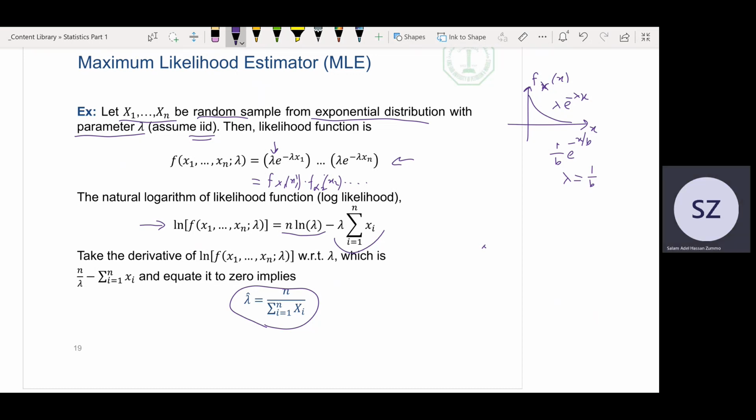What did we say lambda was equal to? 1 over b, right? What was b? B was the average, the expected value of x. So, notice here that lambda is n over the summation, which is 1 over b, which means that b hat is the summation over n, right?